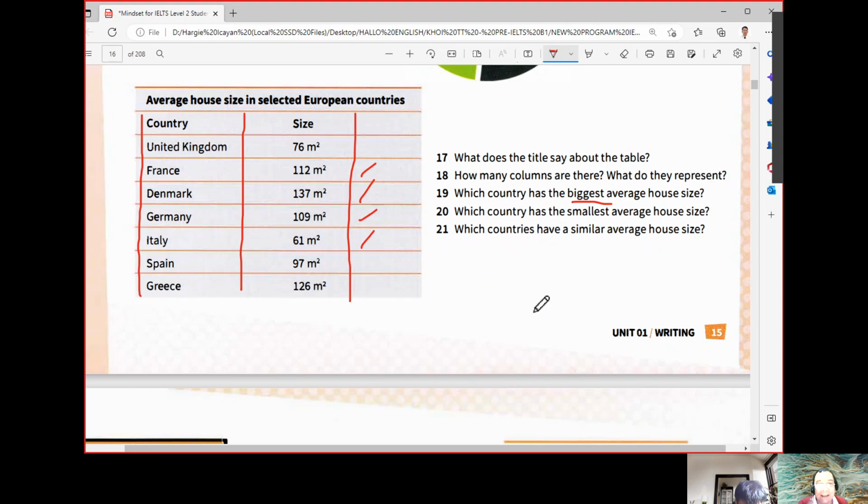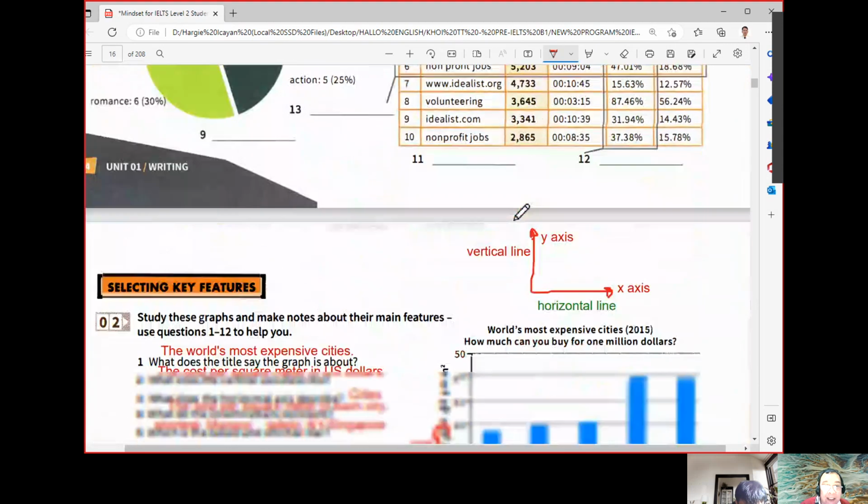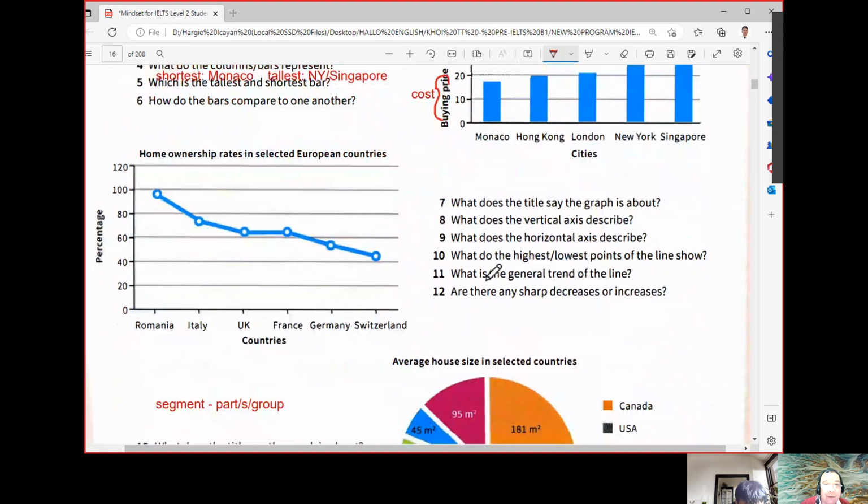And then, oh, we answered them all, and that is it. So actually, interpreting data is very simple. All you need to do is have an idea about the y-axis and the x-axis, so you can tell if we are talking about a bar graph or a line graph.